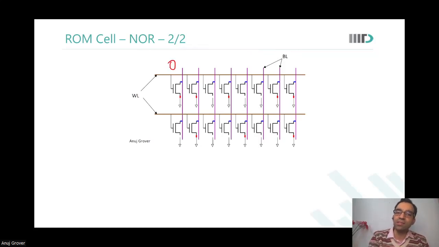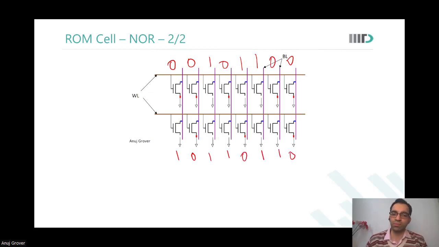So it is 0 0 1 0 1 1 0 0 on the top row and 1 0 1 1 0 1 1 0 on the bottom row. But over here the benefit is that the capacitance of all the bit lines is the same. Are you able to see this? Any questions?